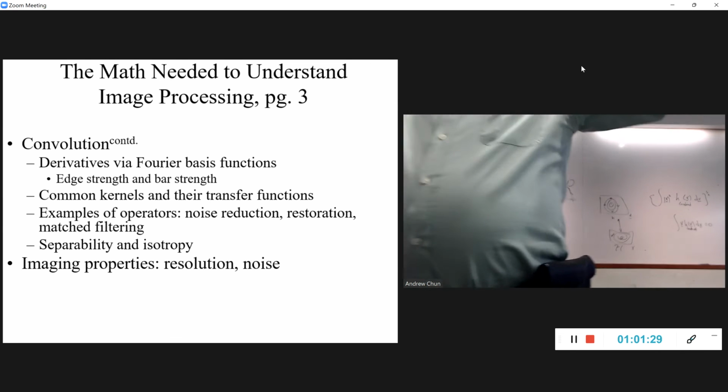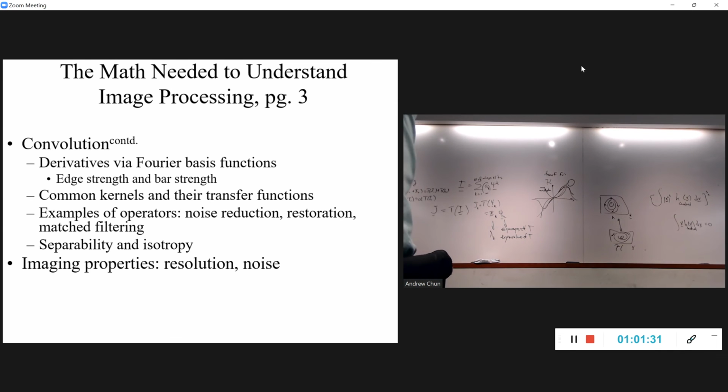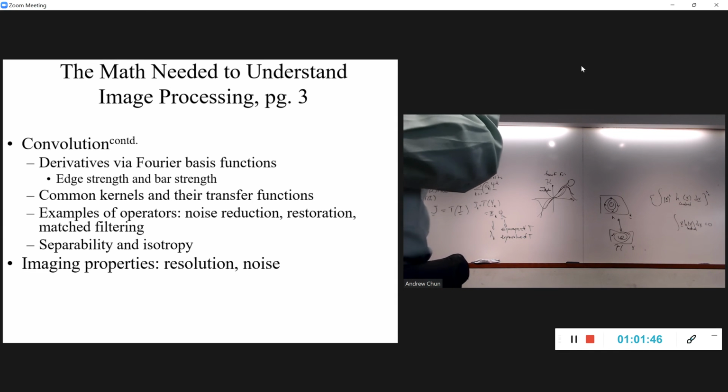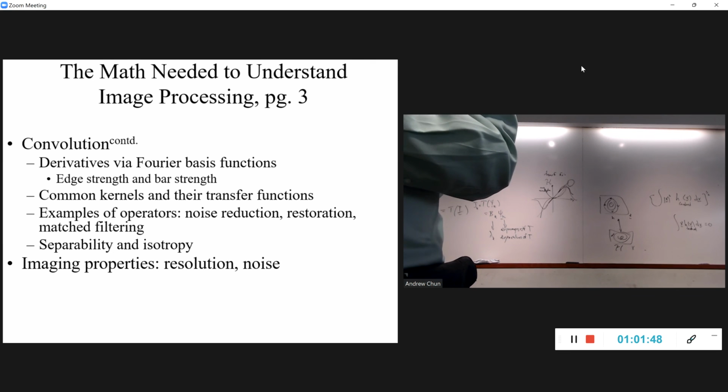So big distances in X correspond to little distances in frequency, and vice versa. So a wide Gaussian in space turned into a narrow Gaussian in frequency, as an example.